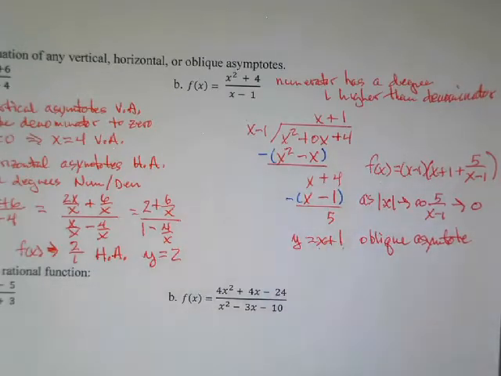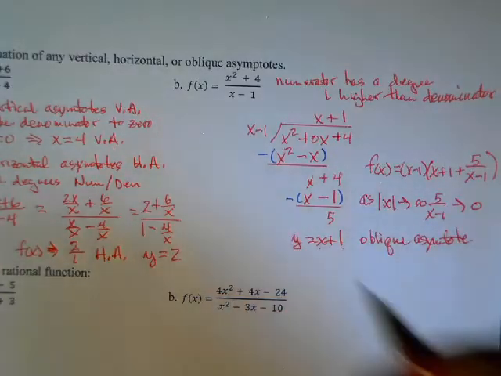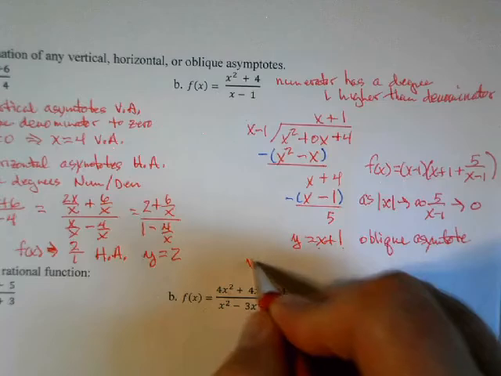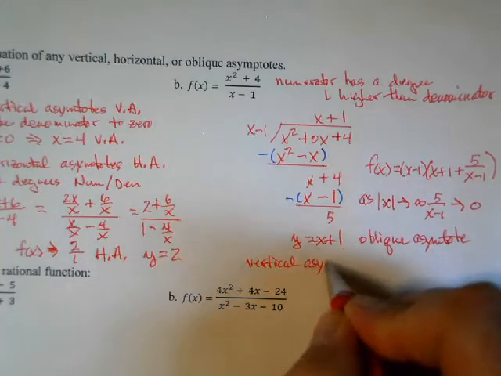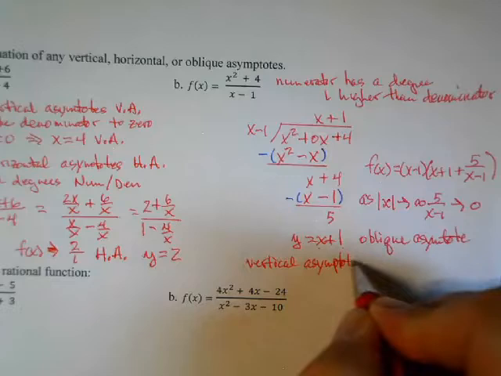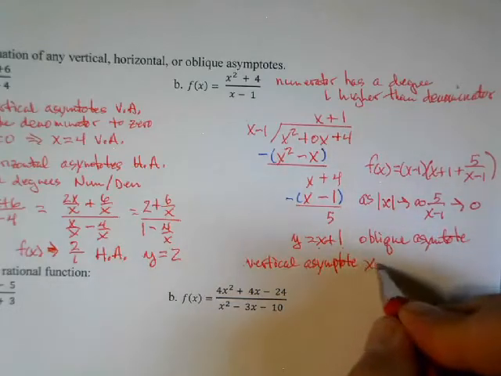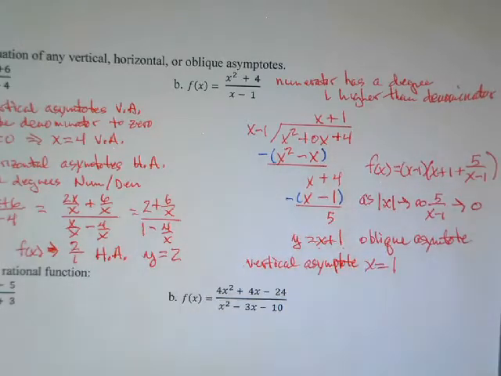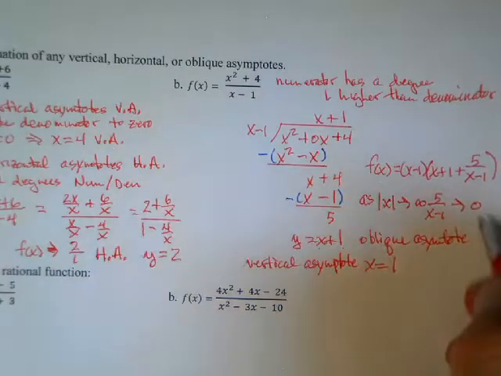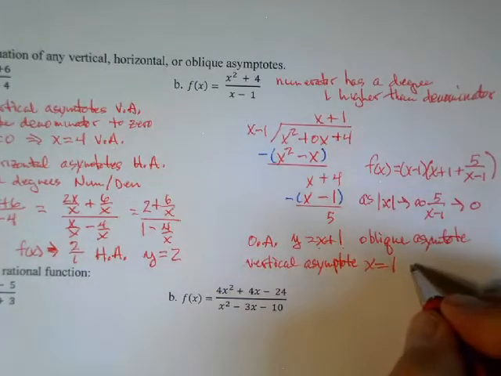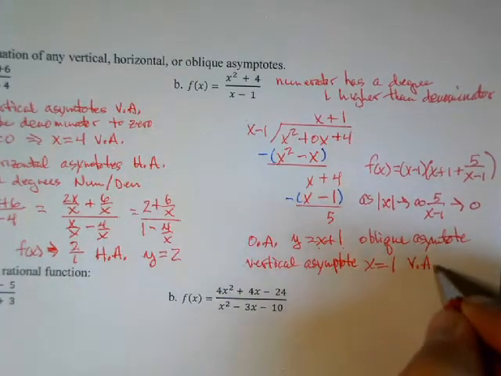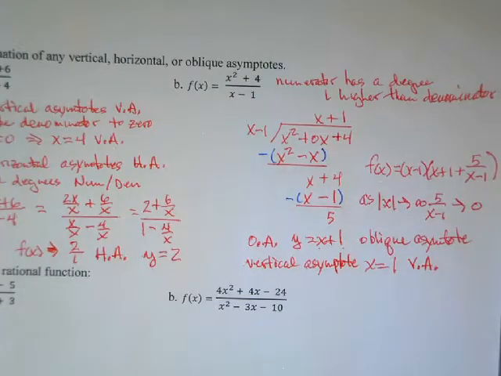Now, in terms of the vertical asymptote, that's still the denominator, so the vertical asymptote will be at x equals 1. So this is our OA, and this is our VA, vertical asymptote.